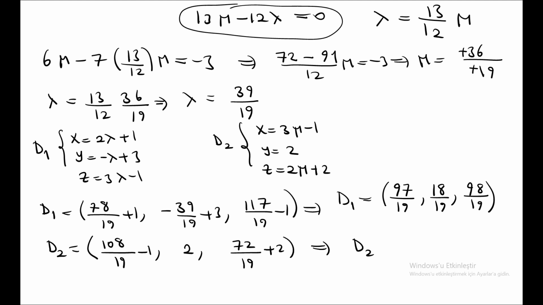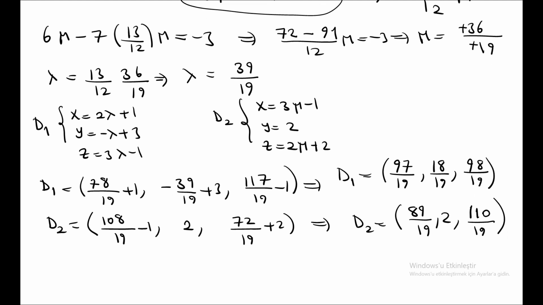So D2 becomes 89 over 19, 2, and this 72 plus 38, 110 over 19. Okay, these are the points.